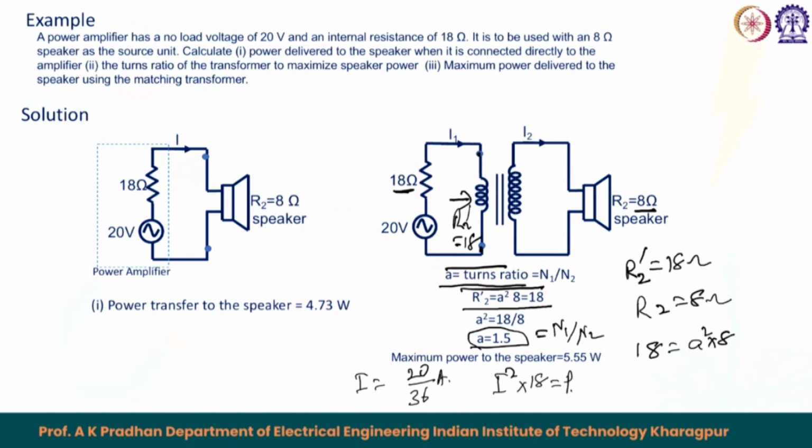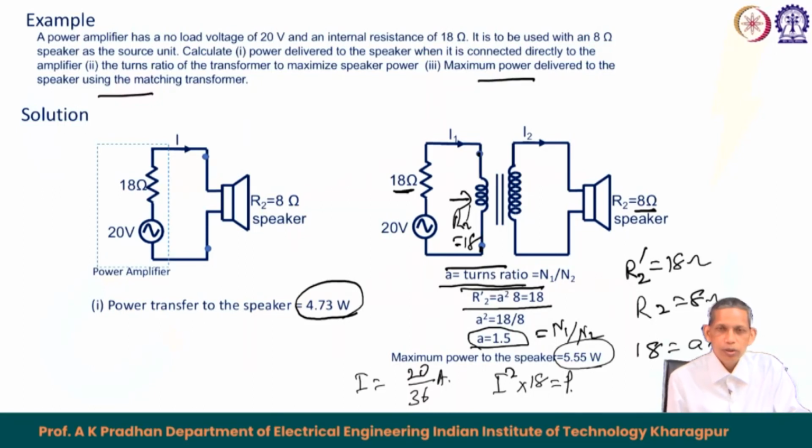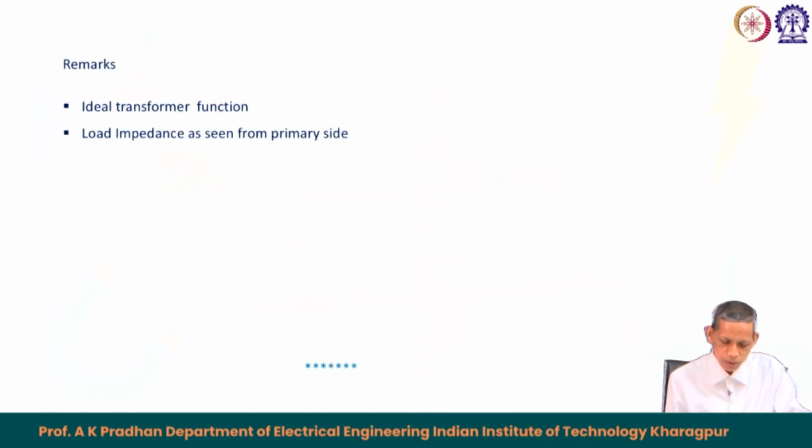The power transfer in the second case becomes 5.55 watt as compared to 4.73 watt without the transformer. This results in the maximum power delivered to the speaker using the matching transformer. This is the application of how we can improve speaker performance.